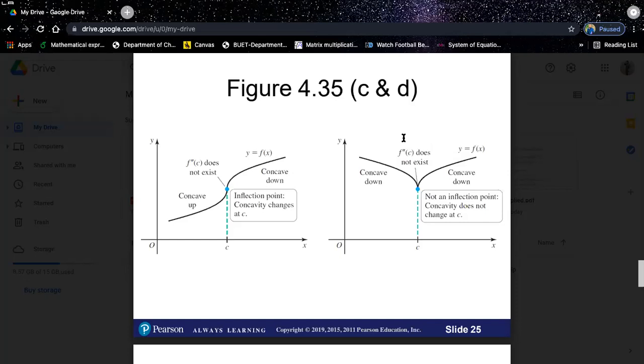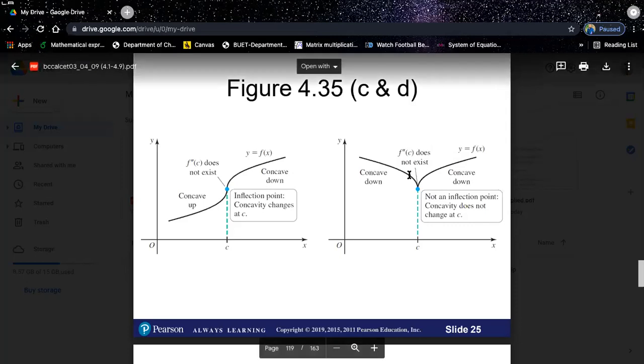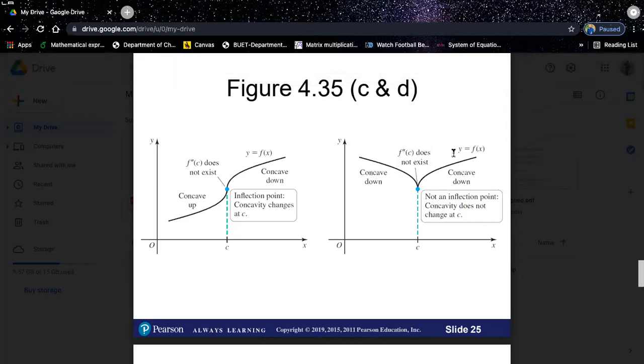The problem is it doesn't really change its concavity. It's concave down before and after this point. So we say that we don't have an inflection point here. Okay, we don't have an inflection point here.